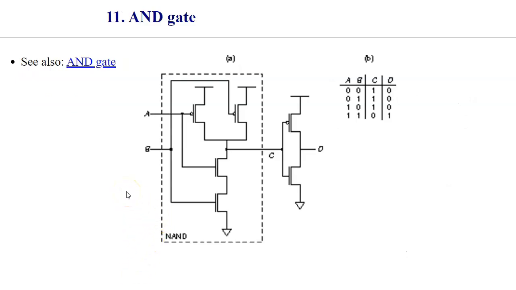Next example of a gate is an AND gate, and you can see that now we're making a transition from one gate to another, and you can see that these are some simple connections to gates of different types of transistors, N type and P type transistors.